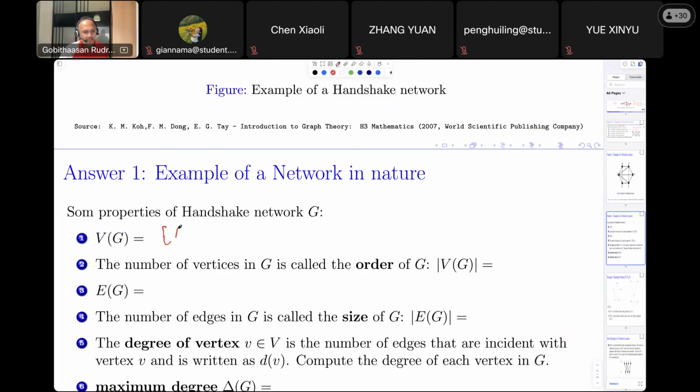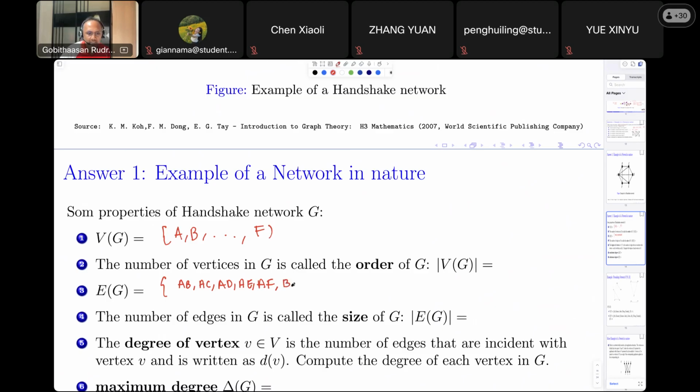Vertex set we have A, B until F. And the edges, if I want to write it short, I can write AB, AC, AD, AE, because A is a very sociable person. A shook hand with everyone.